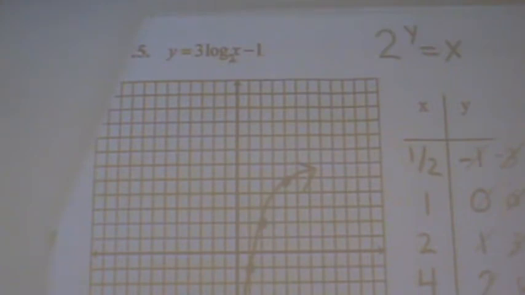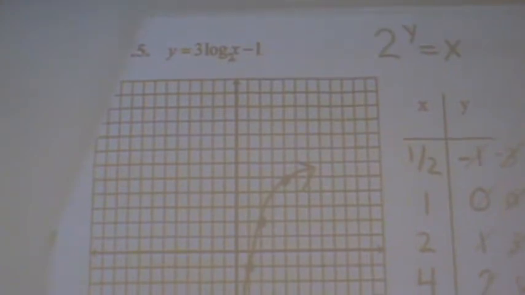Did this change our domain? No. Nope. And it didn't change our range. So you multiplied the y by 3. You multiply the y values by 3 and you subtract 1 from the y values.